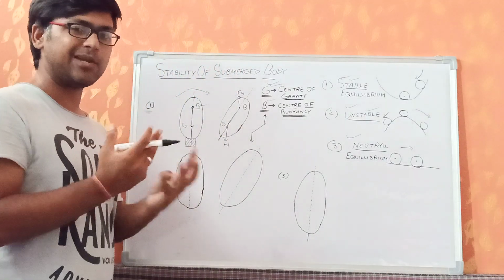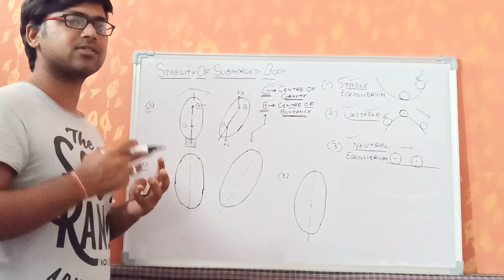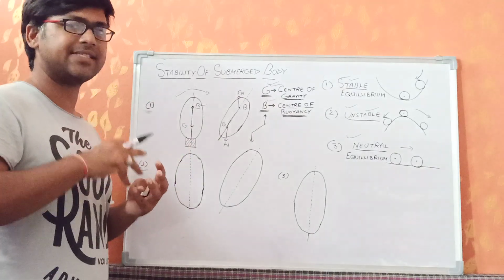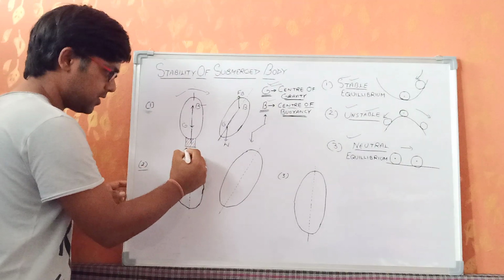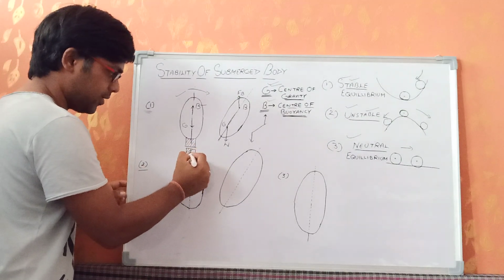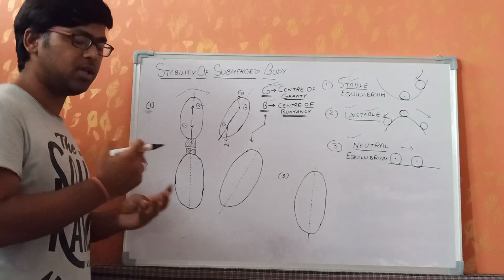So everything depends upon the position of G and B. So if the body is not heavy at the bottom, but it is heavy at the top, it means this body is heavy at this side. You can draw it here. So in this case, the positions of G and B are going to change.